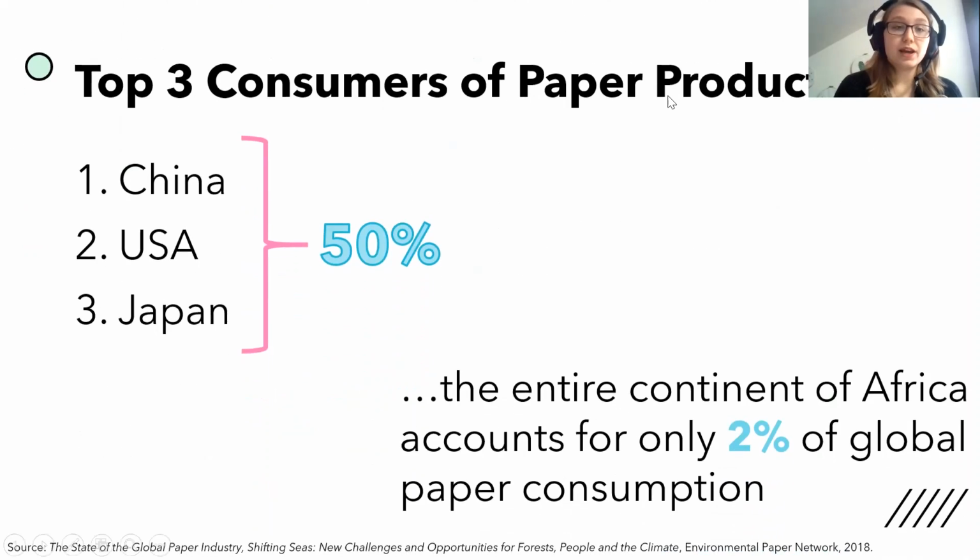So the top three consumers of paper products are China, the USA, and Japan, and combined we make up 50% of all of the global paper consumption. And only 2% of that is coming from the entire continent of Africa. So we can see that it's pretty disproportionate. And right behind this grouping of countries is Europe.